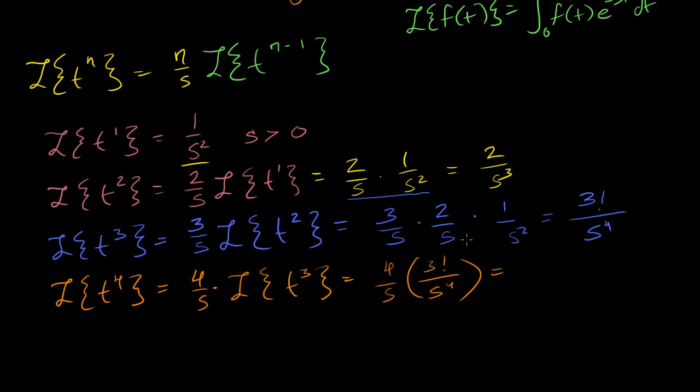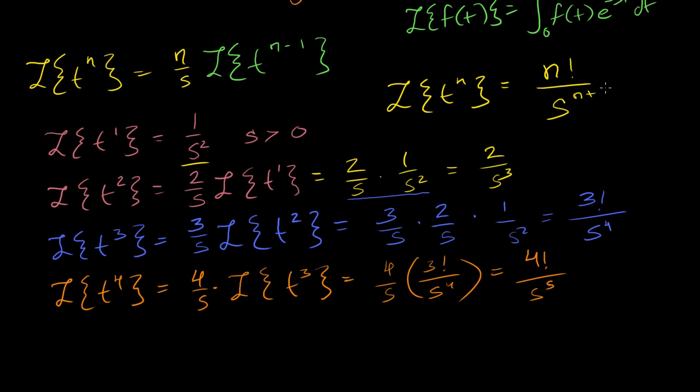So now 4 times 3 factorial, that's just 4 factorial over s to the 5th. And so you can just get the general principle, and we can prove this by induction. It's almost trivial based on what we've already done, that the Laplace transform of t to the n is equal to n factorial over s to the n plus 1.